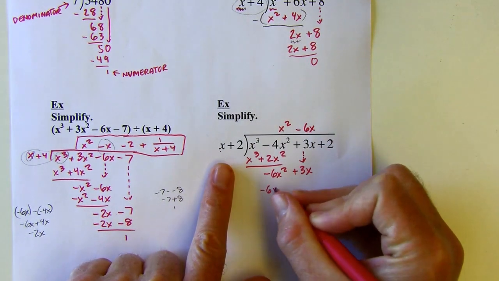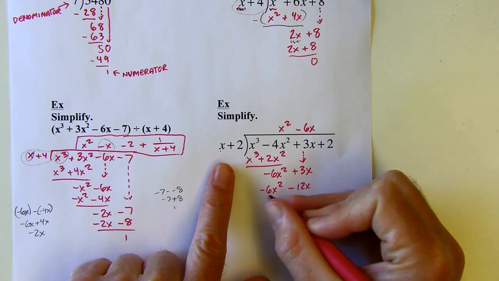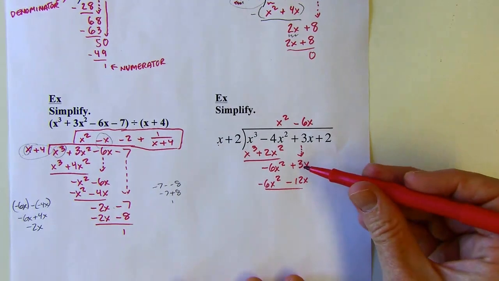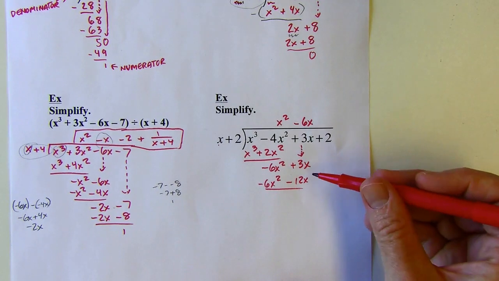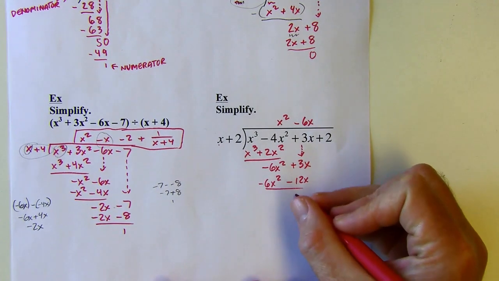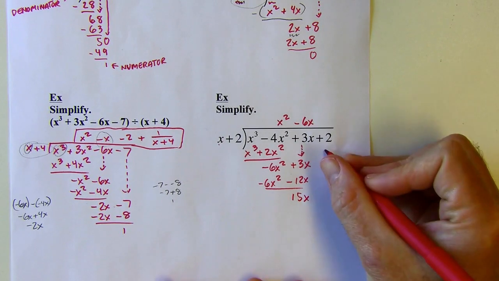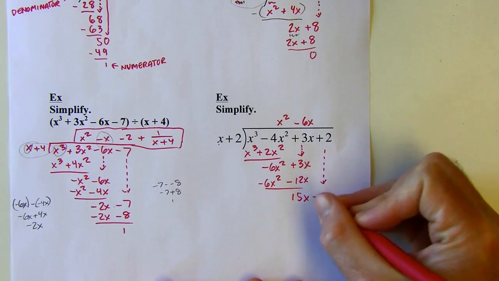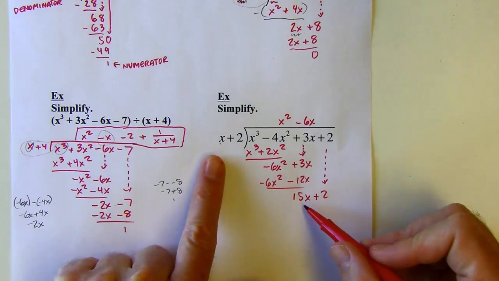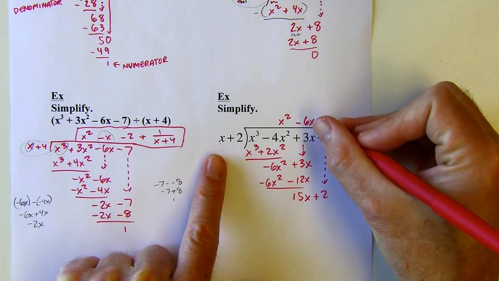Negative 6x squared minus 12x. Okay, and again, I've got a double negative here, 3x minus negative 12x. That's going to be 15x. Okay. Pull down the plus 2, and x times 15 would give me 15x.